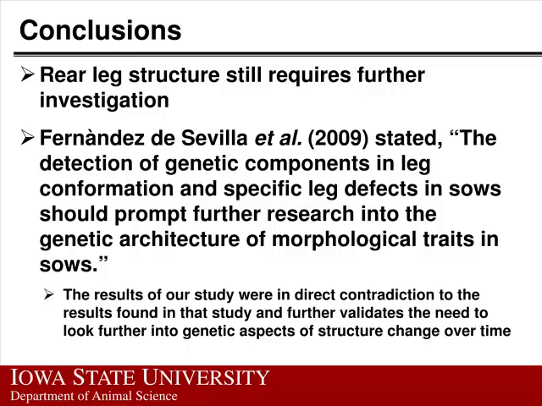And then one of the things that I liked from that paper by Fernandez de Sevilla, he stated that the detection of genetic components in leg conformation and specific leg defects in sows should prompt further research into the genetic architecture of morphological traits in sows. I think that's highly important considering that my results directly contradict the results that he got in those papers.